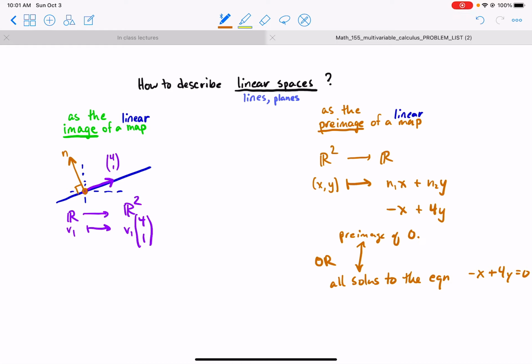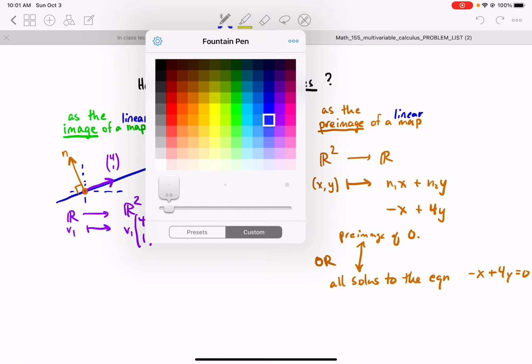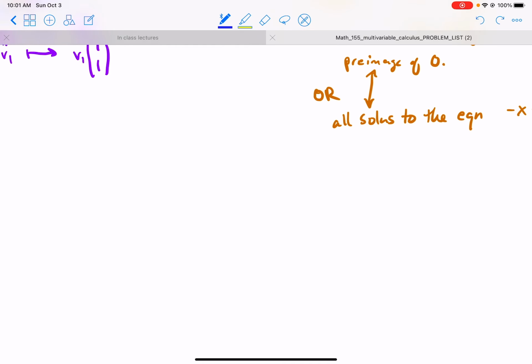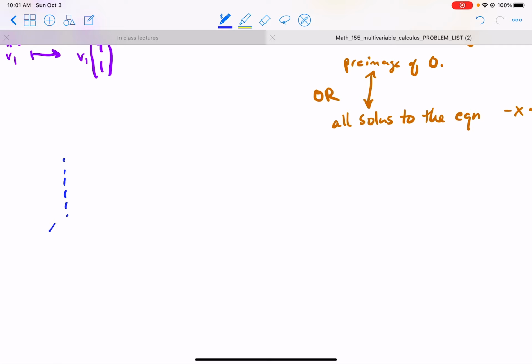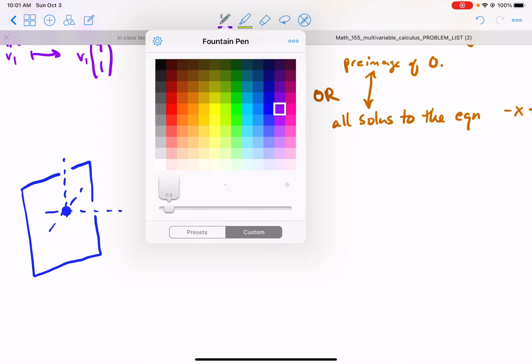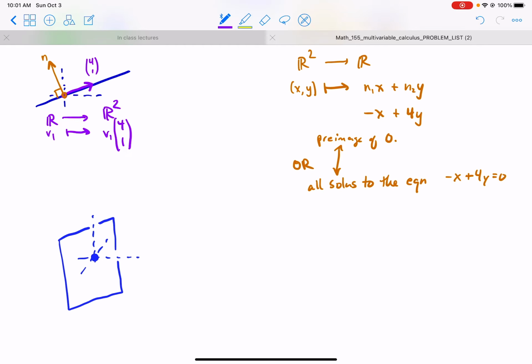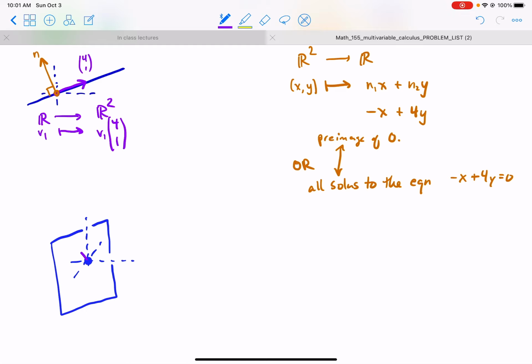Okay. Let's go up to planes. Let's say I have a plane in 3-dimensional space, and let's say it goes through the origin. My plane passes through the origin. There it is. And now the same thing: on that line I chose a vector, so on that plane I choose two different vectors.